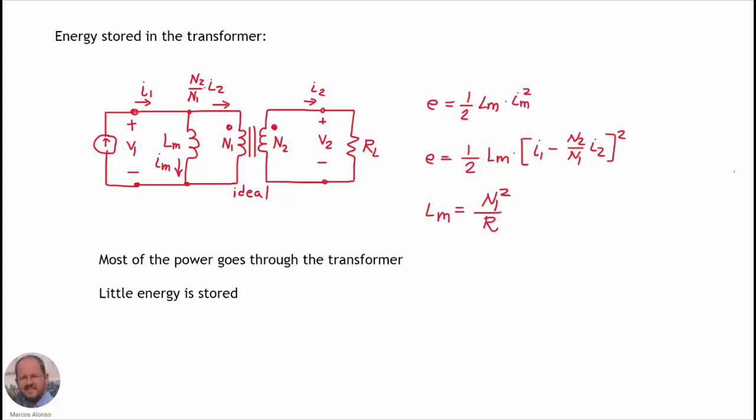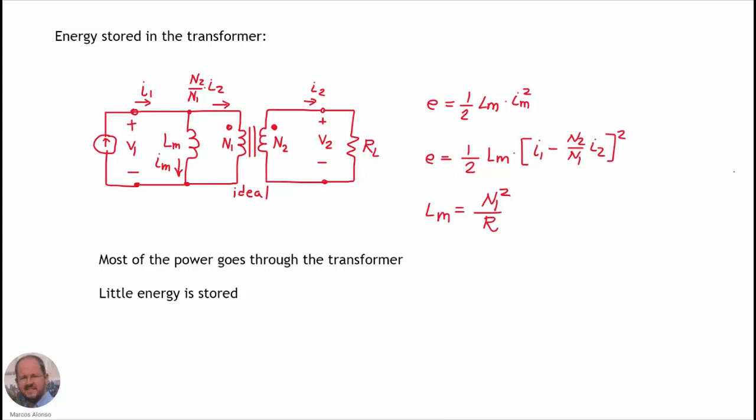So we can calculate this energy using this expression, as we know. If we compare the operation of a transformer and an inductor with the same current through the winding, the energy stored in the transformer is going to be much lower because of the effect of the current circulating through the secondary winding.